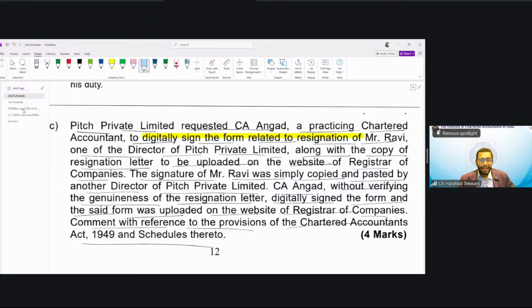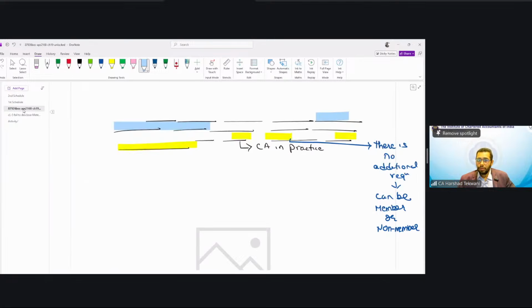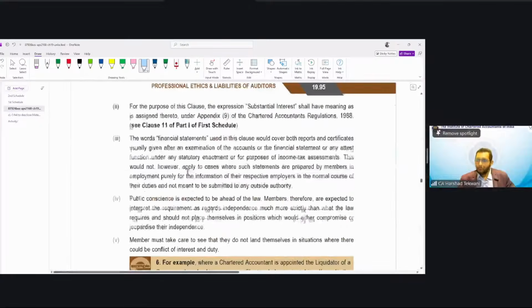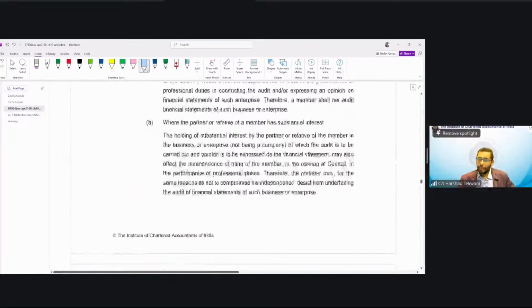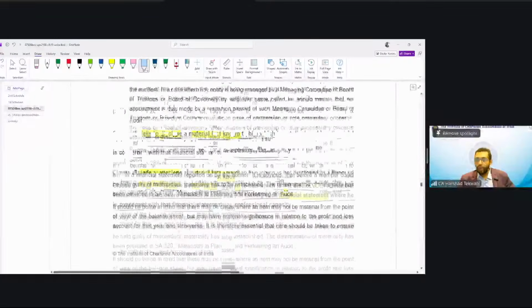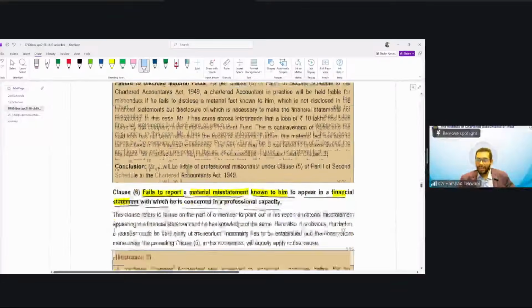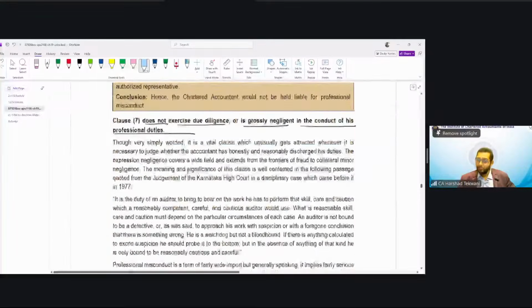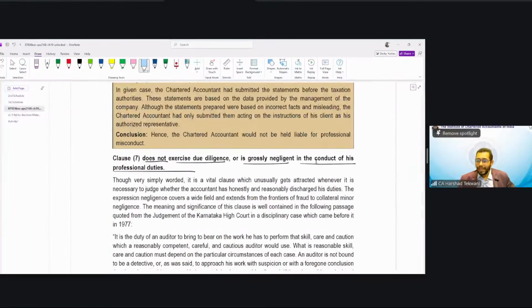Can I apply clause 7? Clause 7, grossly negligent. Is it related to audit? Does he have to be grossly negligent only in case of the audit, or is it grossly negligent in all cases? If you read the clause, it says grossly negligent, but where? During the conduct of his professional duties. It is not audit. It is not examination of financial statement.